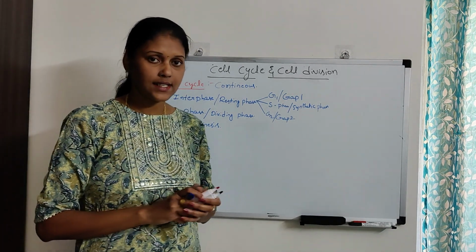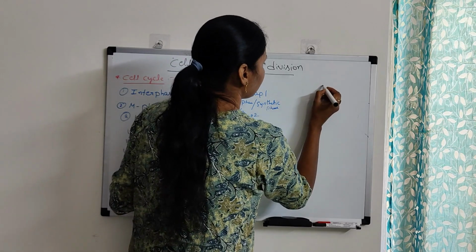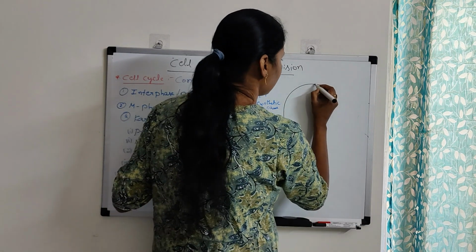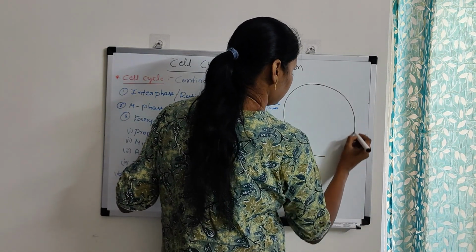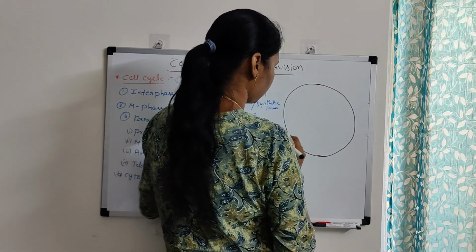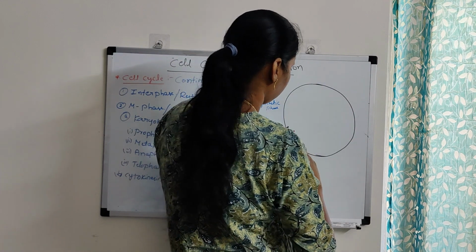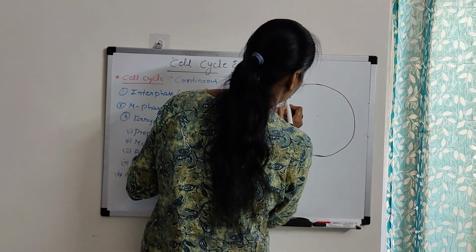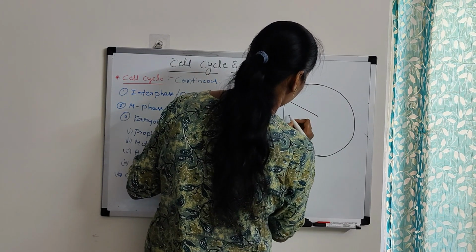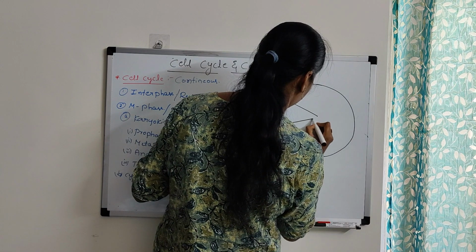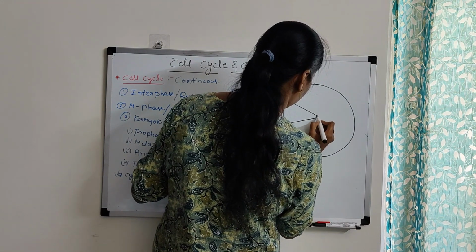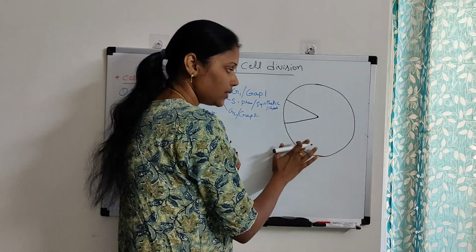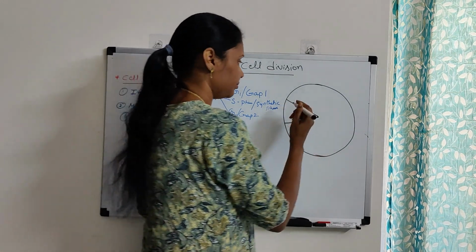Let me draw a cell cycle. It is a cyclic process, so we represent it in a cyclic manner. This is the M phase. Remaining all is the interphase.